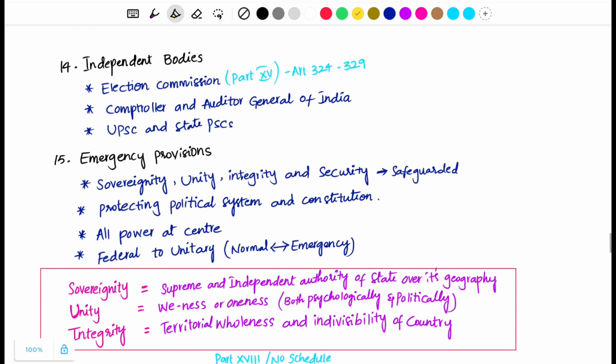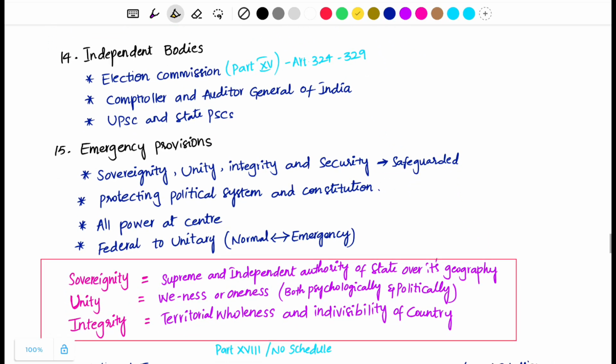Now the 14th feature is independent bodies. The Constitution of India provided for independent bodies as part of the administrative provisions I have earlier mentioned. We have the Election Commission of India, mentioned in Part 15 of the Indian Constitution. Articles 324 to 329 deal with the Election Commission.